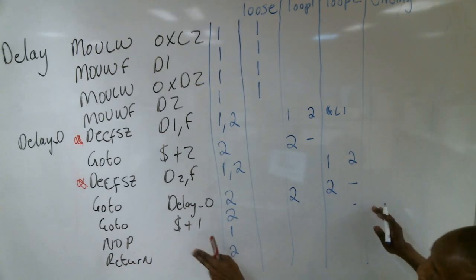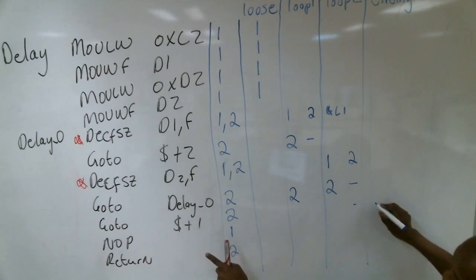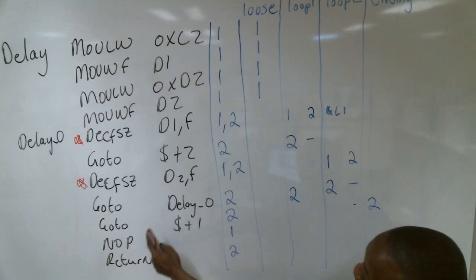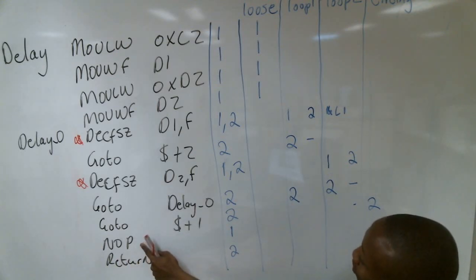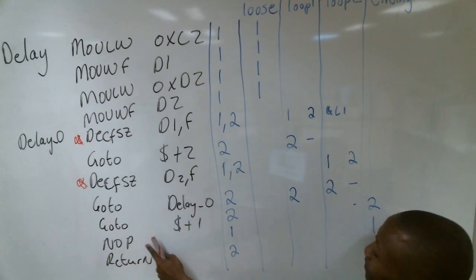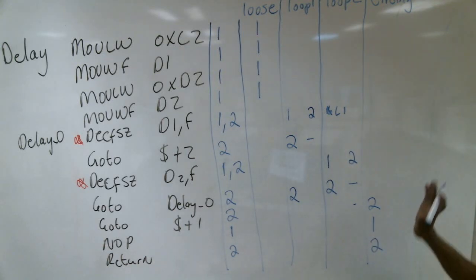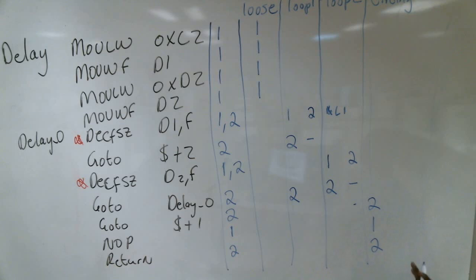I'll just put this as the ending instruction. So this one is 2 cycles, go to +1, so +1 is the next one, and the no op is 1 cycle, and the return is 2 cycles. So this part here is complete. Now we'll do the calculations to see how we get the time.